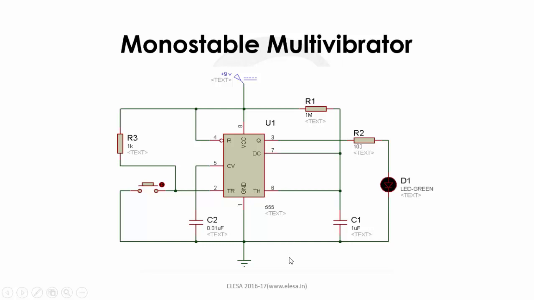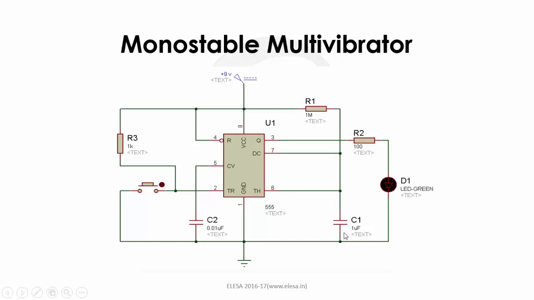Then Q bar becomes low and the discharge transistor is cut off and the capacitor starts charging towards VCC through R1 with time constant R1C1. As capacitor voltage increases beyond 2/3 VCC, it resets the internal flip-flop. Thus, output goes back to its stable state from quasi-stable state.